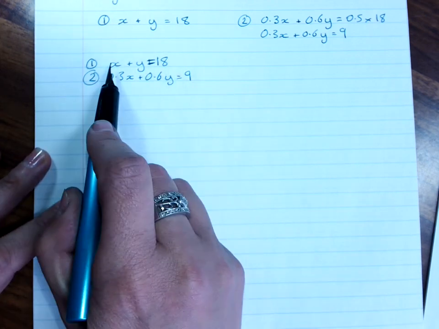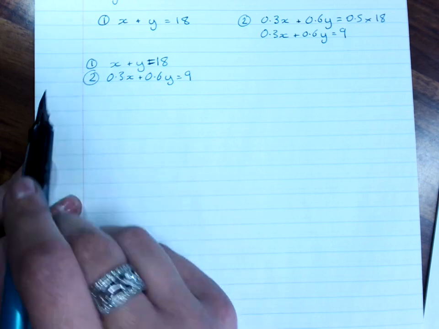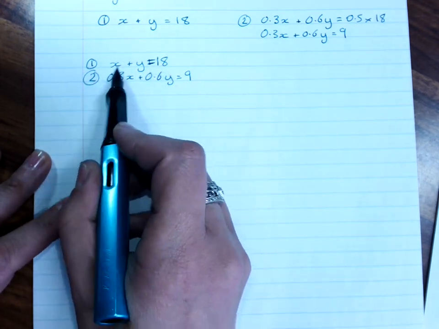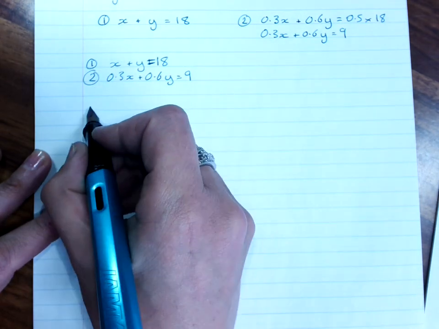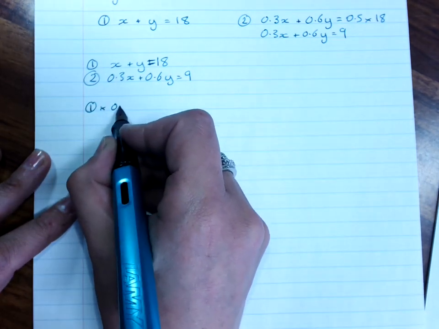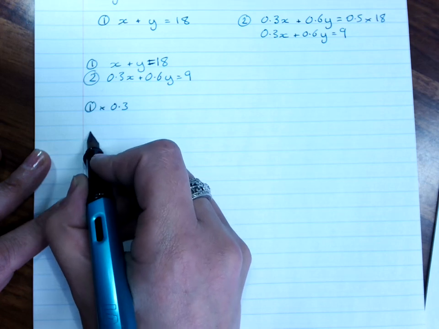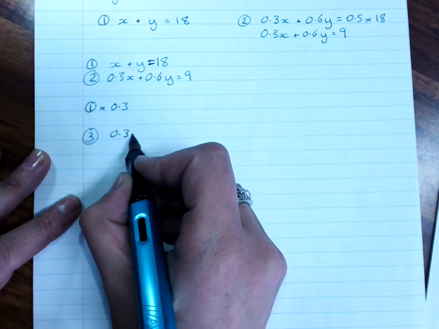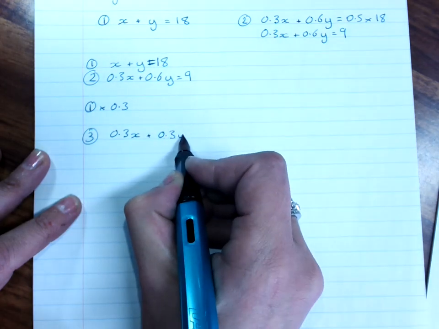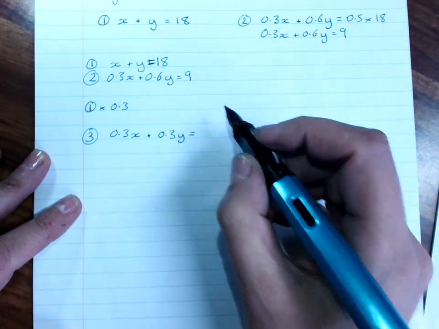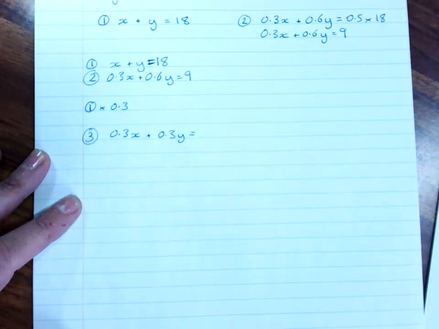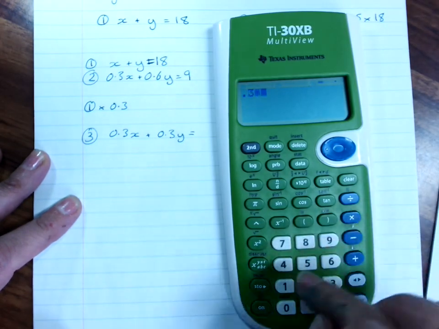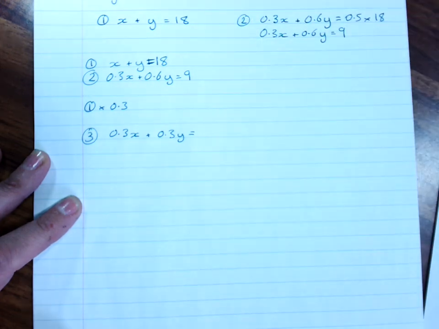Substitution, you could rearrange this to be in terms of x or y, or elimination, I'd probably just get this to be 0.3x. So I'm going to do equation 1 times 0.3, which will give me a new equation, equation 3: 0.3x plus 0.3y equals 0.3 times 18. We might grab a calculator. 5.4.